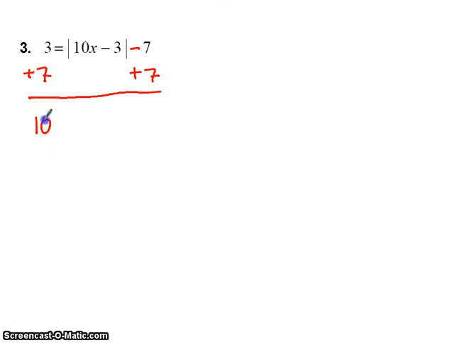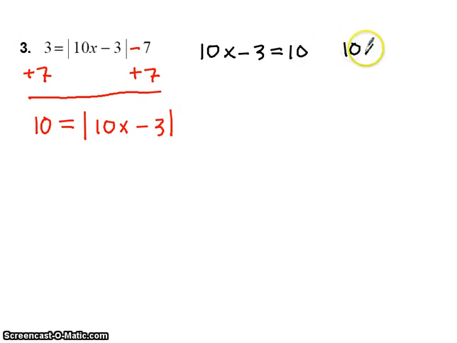And we end up with a 10 equals the absolute value of 10x minus 3. Now that we have the absolute value all by itself on the right, we can set the inside here equal to a plus 10 and equal to a minus 10.